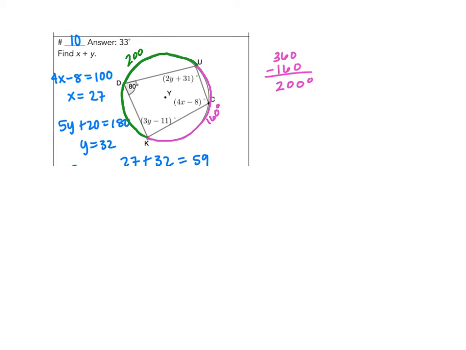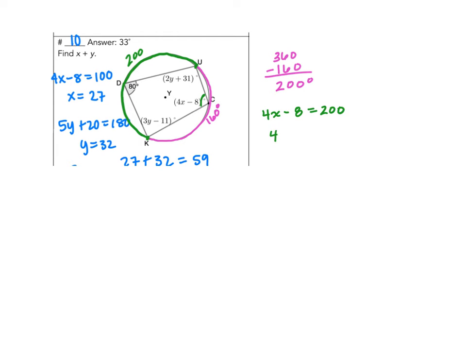So now what does that mean? That arc length is 200. You can see that angle C is the angle that subtends that arc. And because of the points from C, that is 4x minus 8. So that's why he took 4x minus 8 and set it equal to 200.